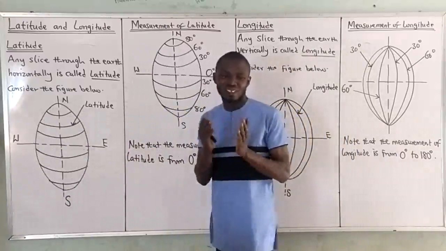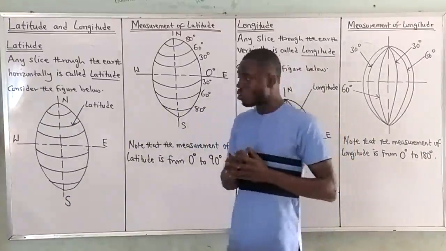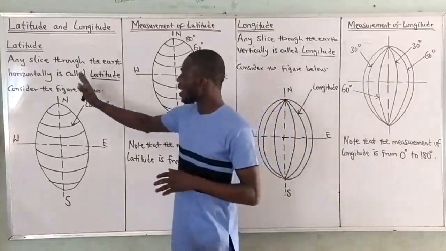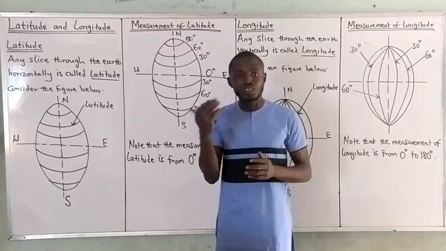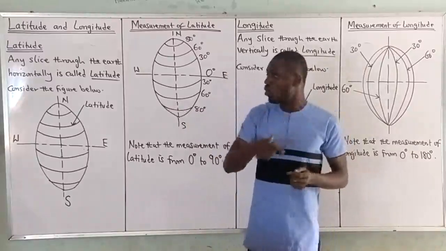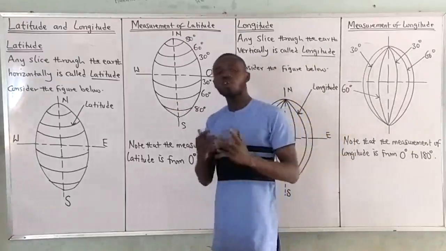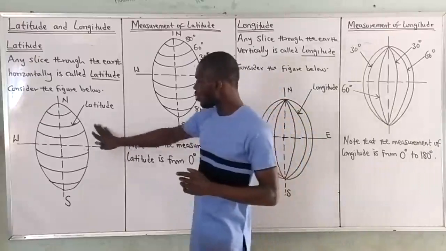We all know that the Earth, we can assume it to be spherical in shape. If you decide to slice the Earth horizontally, any slice through the Earth horizontally is what we refer to as latitude.